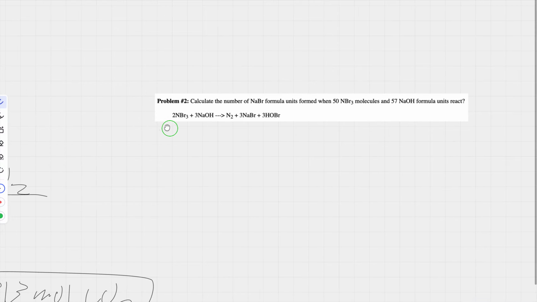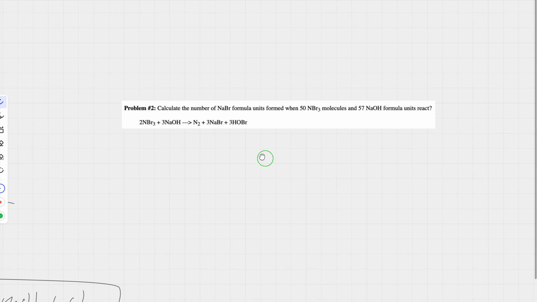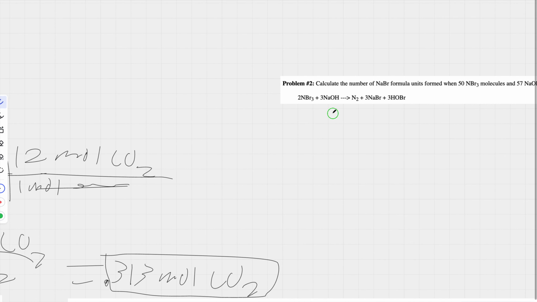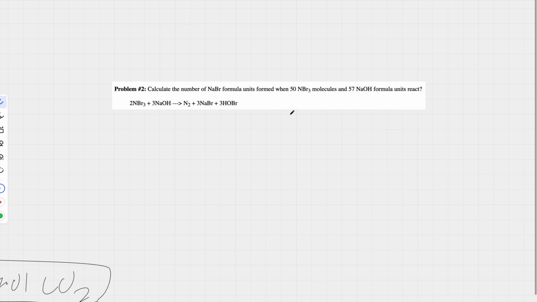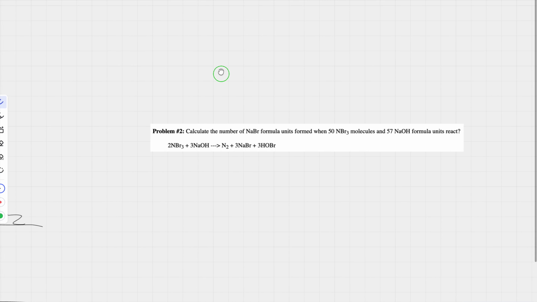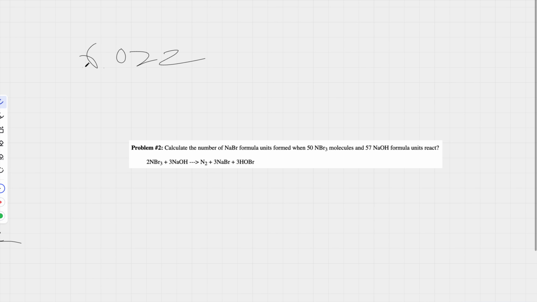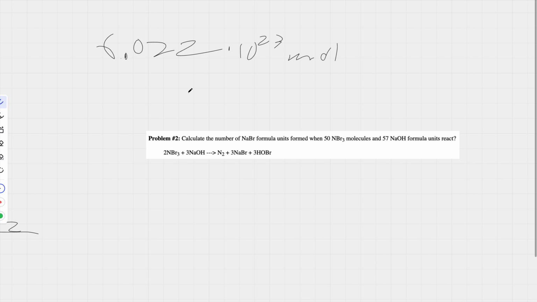So first, this is the same as this problem, but instead of going from grams to moles, you have to go from formula units to moles. What we use for that is Avogadro's number, which states there are 6.022 times 10 to the 23rd formula units per mole, whether that is atoms or molecules.